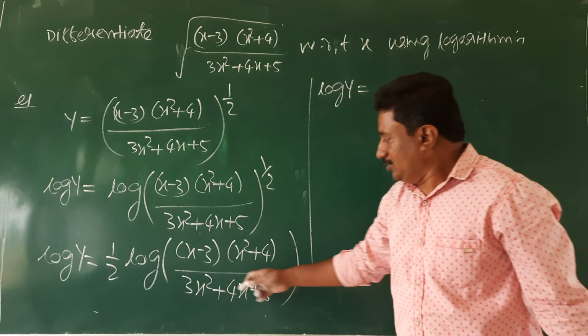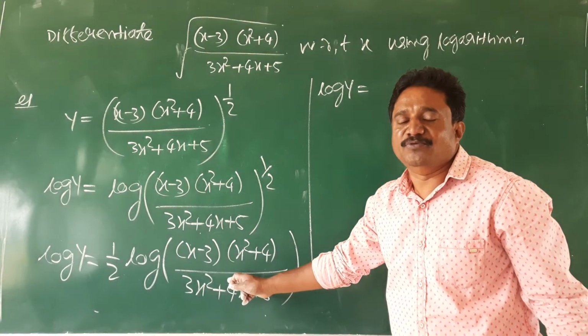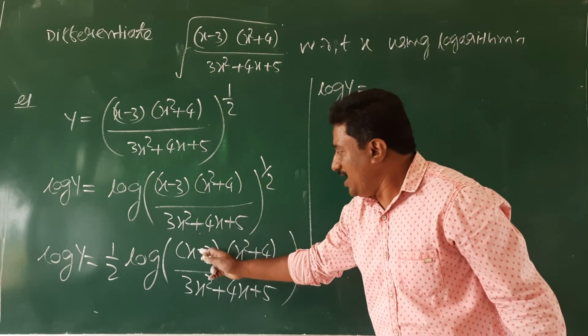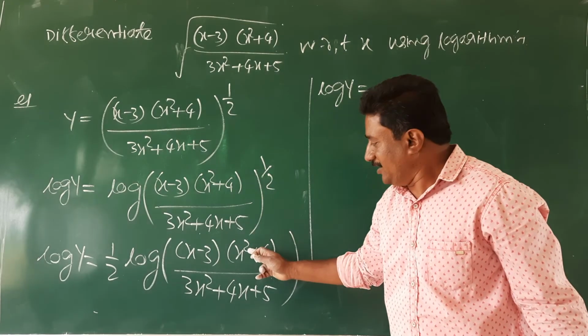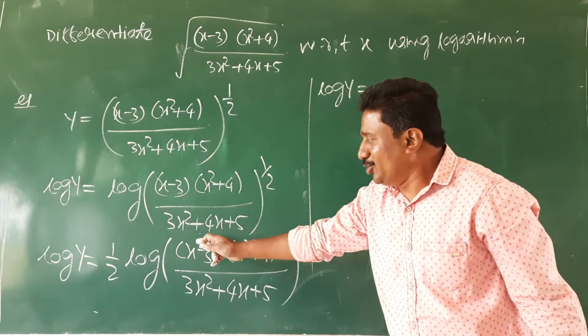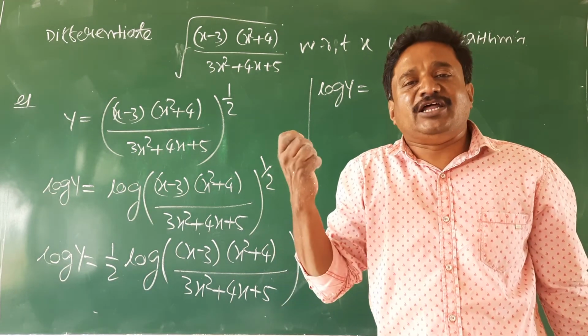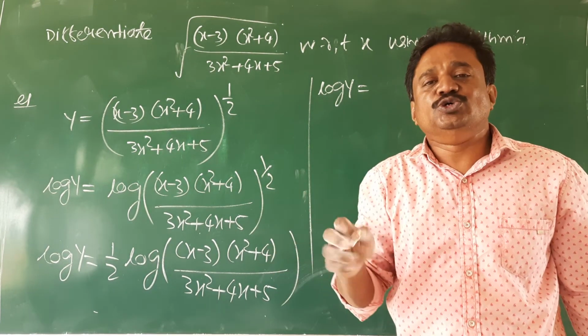This full is one term, so we don't have a product. Log a into b by c: for the numerator factors use plus, for the denominator factors use minus.